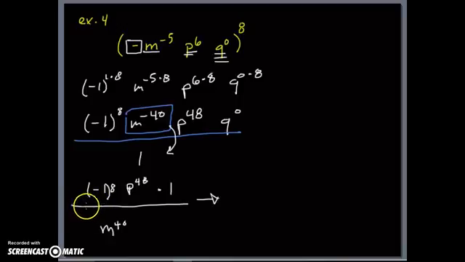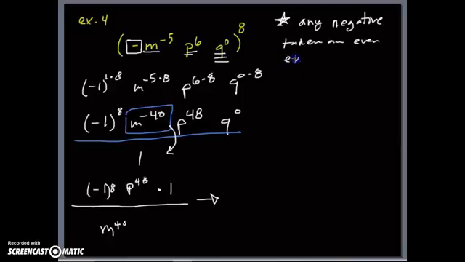So -1 to the 8th power is negative 1 times itself 8 times. You can go ahead and make a note in your notes that any negative base taken to an even exponent will be a positive value.